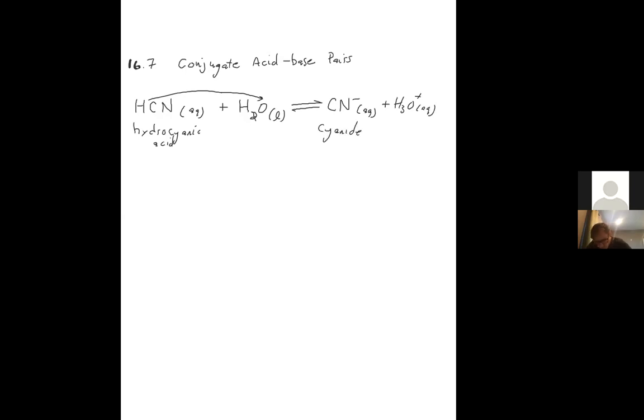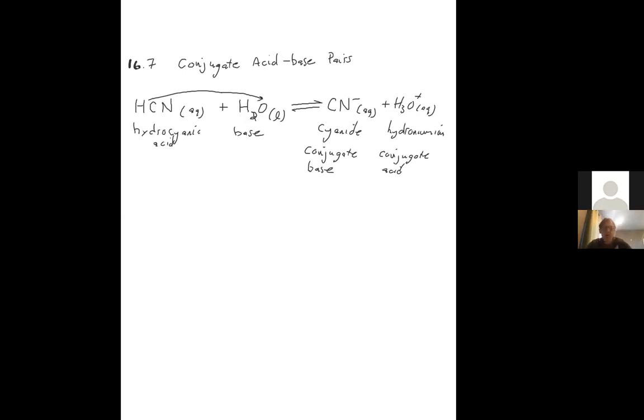It's a conjugate base. Okay, and the hydronium ion, that's your conjugate acid. Okay, water is behaving as a base, right? So the hydrocyanic acid donates a proton to the water, giving you the conjugate base, which is cyanide.